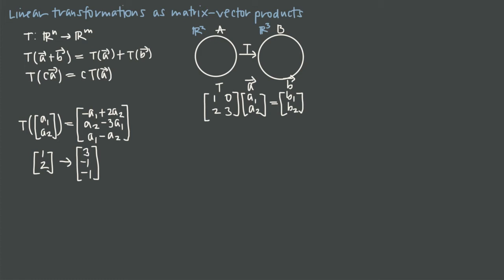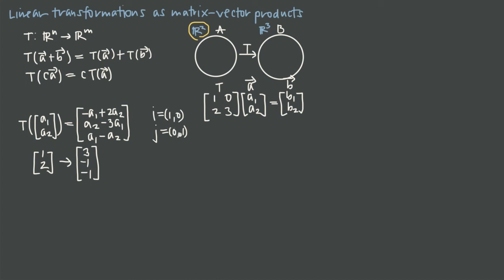We always have to think about which space we're transforming from, because that's the one we're going to think about. So we're transforming from R2 space, and the standard basis vectors for R2 are i and j. So i is the vector 1, 0, and j is the vector 0, 1 in R2, the space we're transforming from.